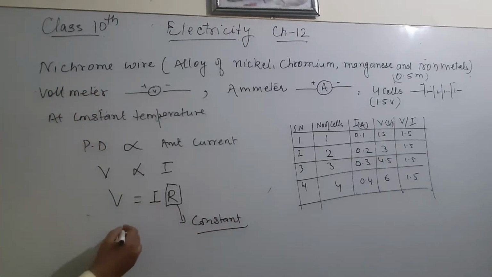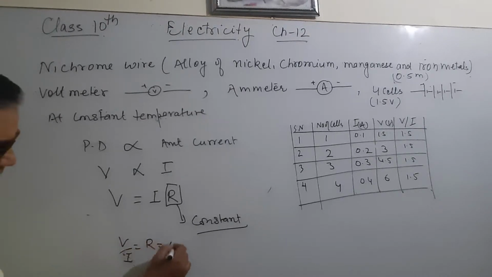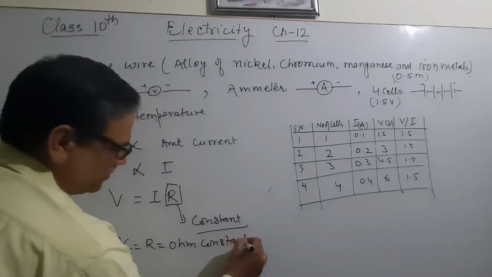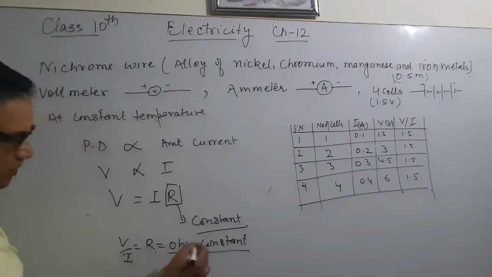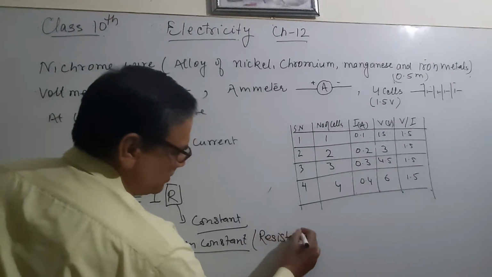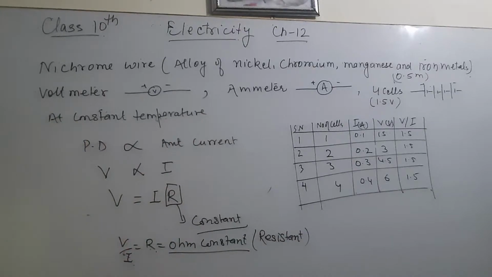V upon I is equal to R, the Ohm constant. And this R is known as resistance.